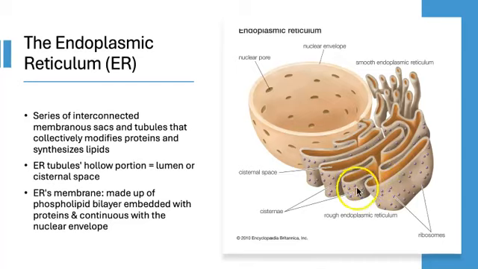Our membrane here is made up of a phospholipid bilayer, and you could see that they would be embedded with proteins, and we can also see that it is continuous right at this point with the nuclear envelope, and we may even have this part attached as well.